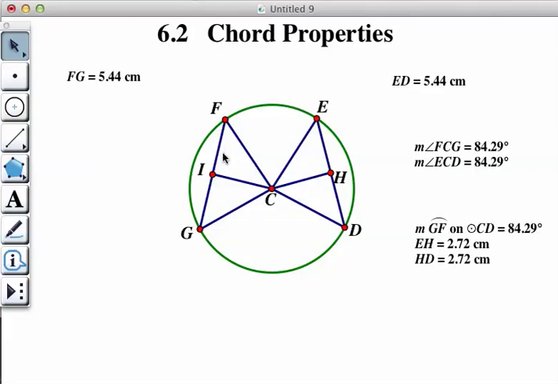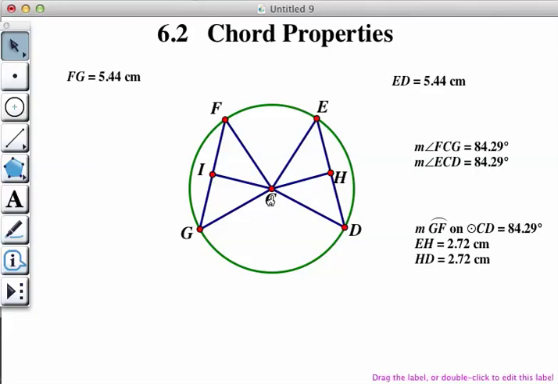But not only that, these are congruent chords. So if I know that this segment is congruent to itself, and this segment IG is congruent to IF, and this segment's a radius, so CG is congruent to CF, this triangle is congruent to this triangle.